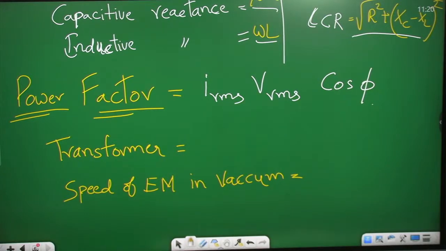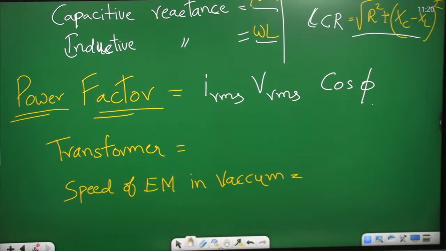See what is the concept involved in transformer? The principle involved in transformer so that you can convert high voltage to low voltage. What is the principle involved? Mutual inductance.